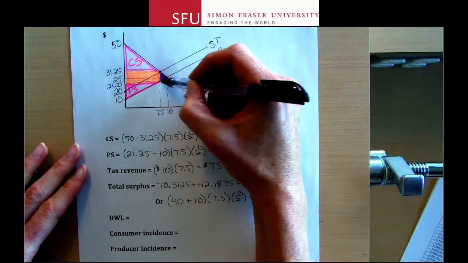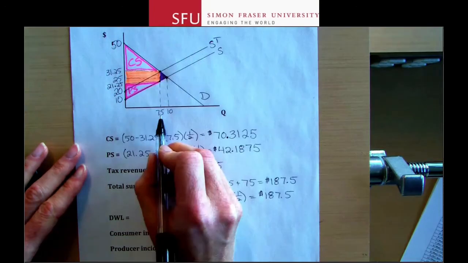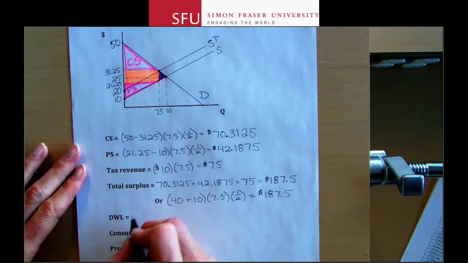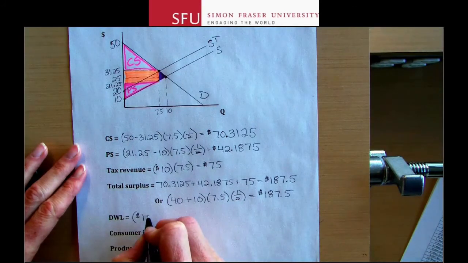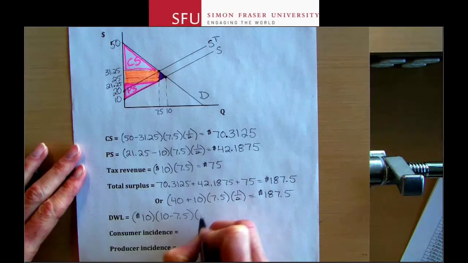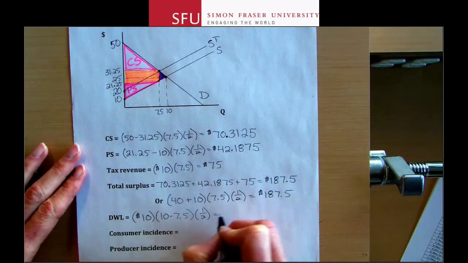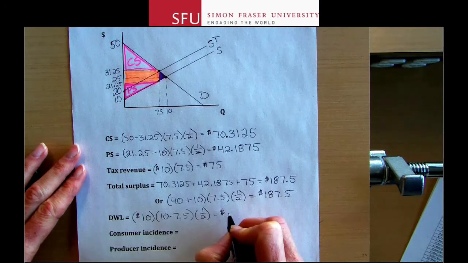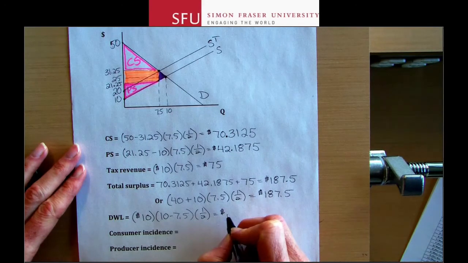So the height is the tax, and then times the width, which is 2.5. So 10 times 2.5 divided by 2.